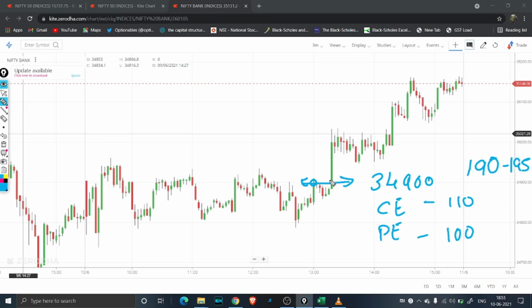What ended up happening was when this big spike came, the C triggered the stop loss at 190, whereas the P just fell to 65 rupees. So P just lost somewhere around 40 to 45 rupees, whereas C gained somewhere around 85 rupees.